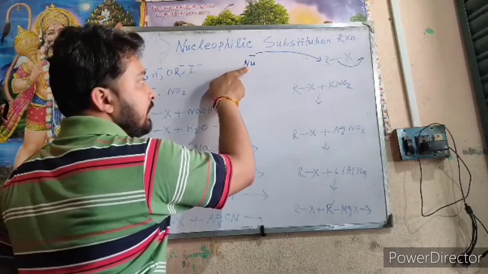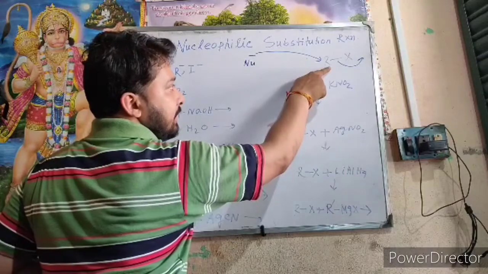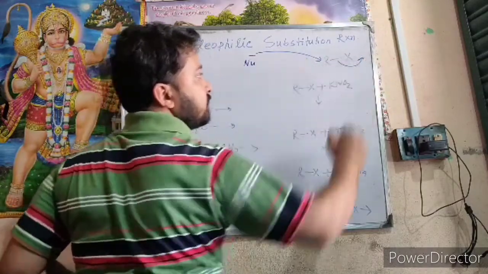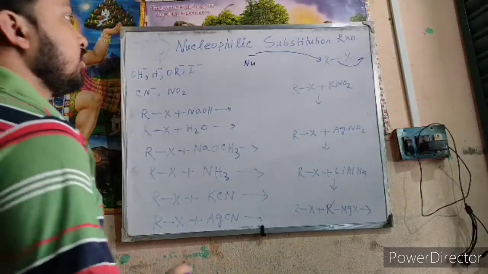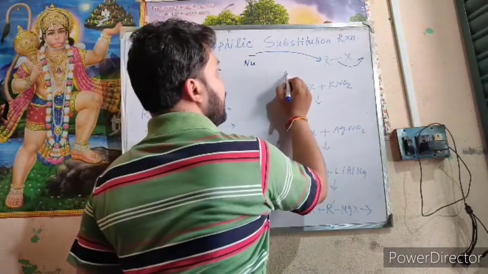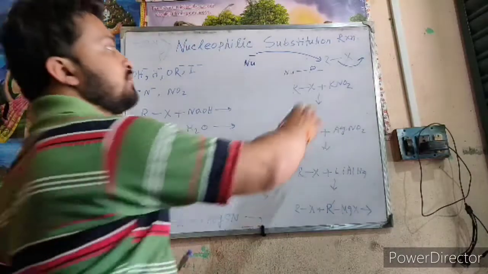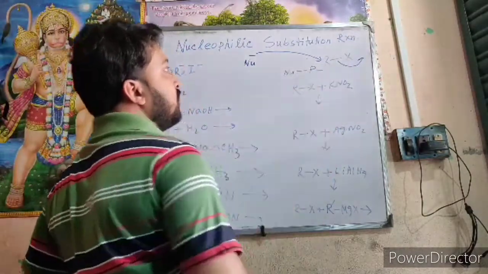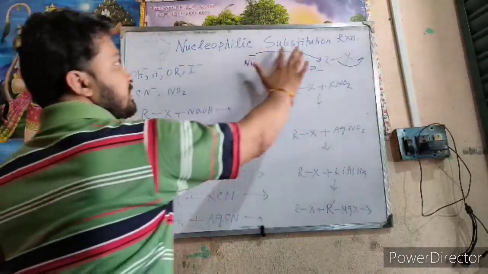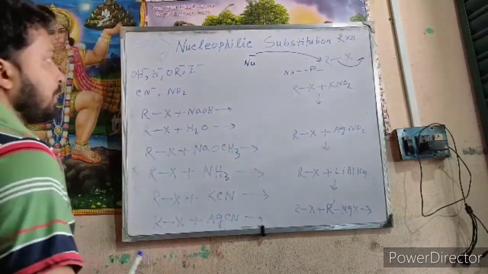When Nu minus attacks this R, X is removed from here. So the compound is NuR. This is substitution. So this reaction is called nucleophilic substitution reaction.